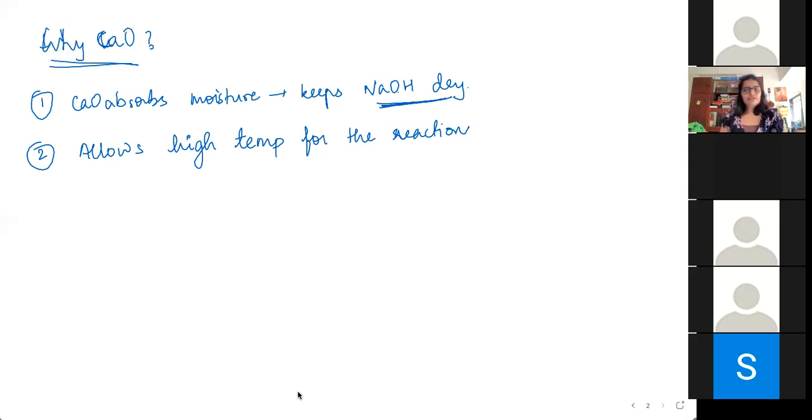Okay. So once you noted this down, I'll give you guys another reaction, predict the products for that, okay? Or I'll give it the other way around. What acid should be taken, or what is the raw material that should be taken, so that when you heat it with soda lime, you get ethane, that is C2H6.